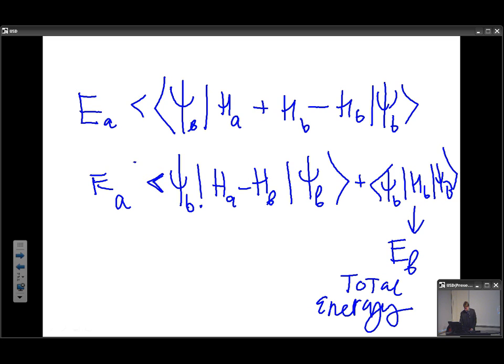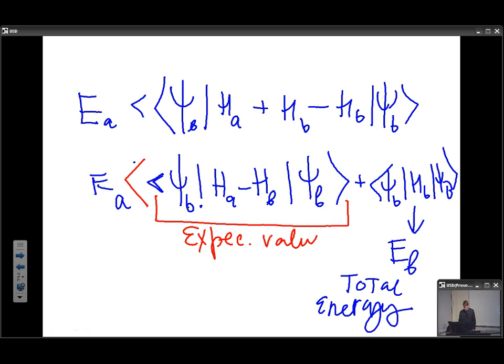I'm missing an inequality sign here. So those things refer to expectation value. And this inequality sign originates from the variational principle.